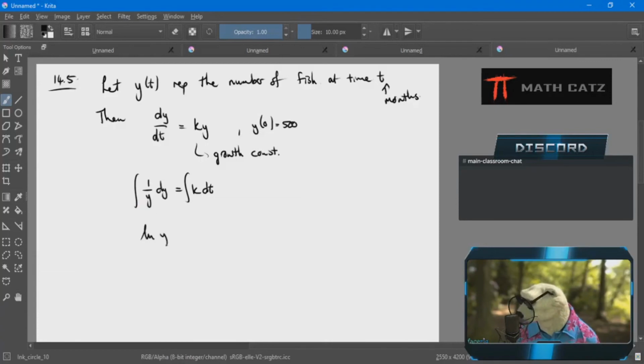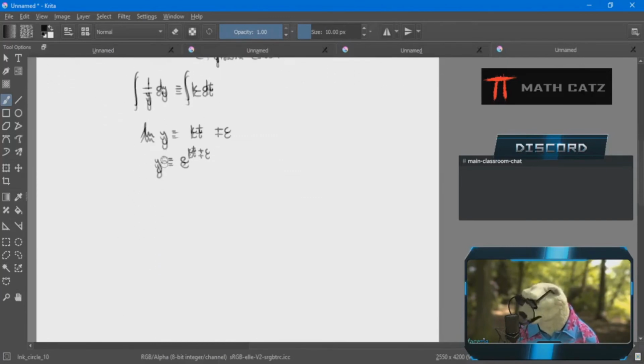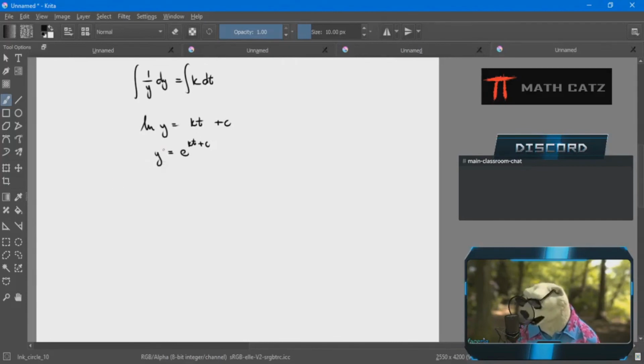I get natural log of y equals kt plus a constant, the integration constant. y is equal to e to the kt plus c. And this is always going to be the same. Sometimes I have k, sometimes I don't. Sometimes I have initial population, sometimes I don't. Who knows?